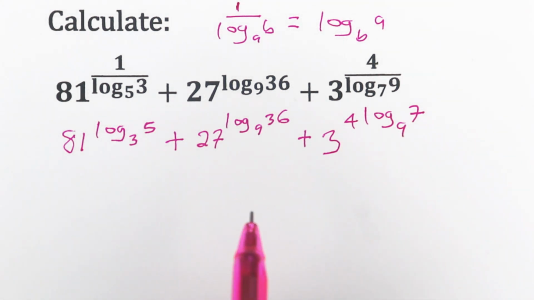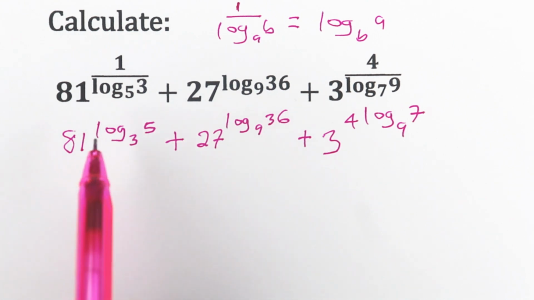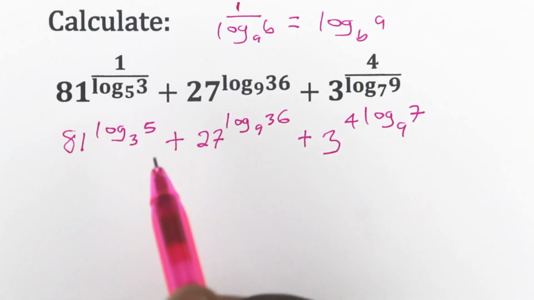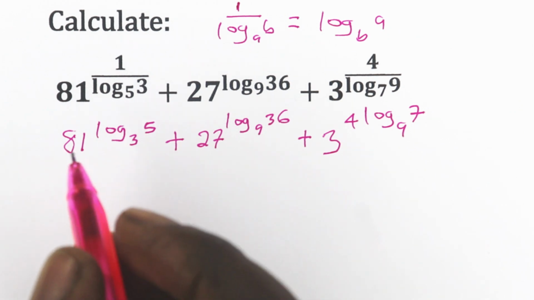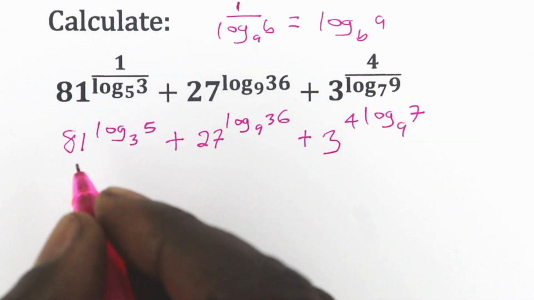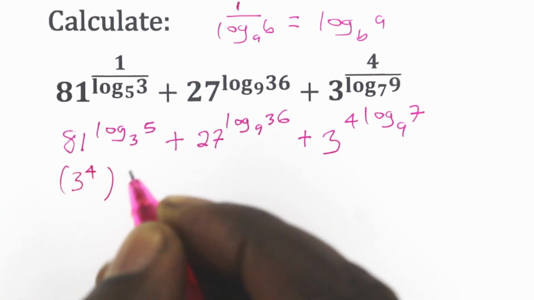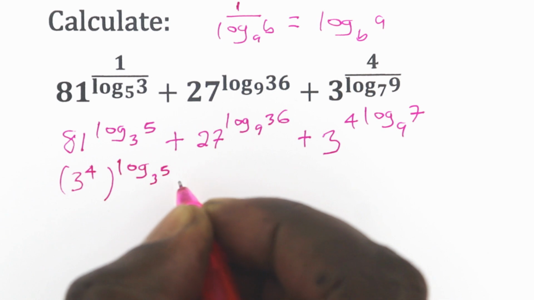So the next thing we're going to do is we want to use what we call the fundamental property of logarithms, where we want to make sure that this base and this base are the same. So let us do that. So for the first term, we can write 81 as 3 raised to power 4. Then it is raised to log to base 3 of 5.